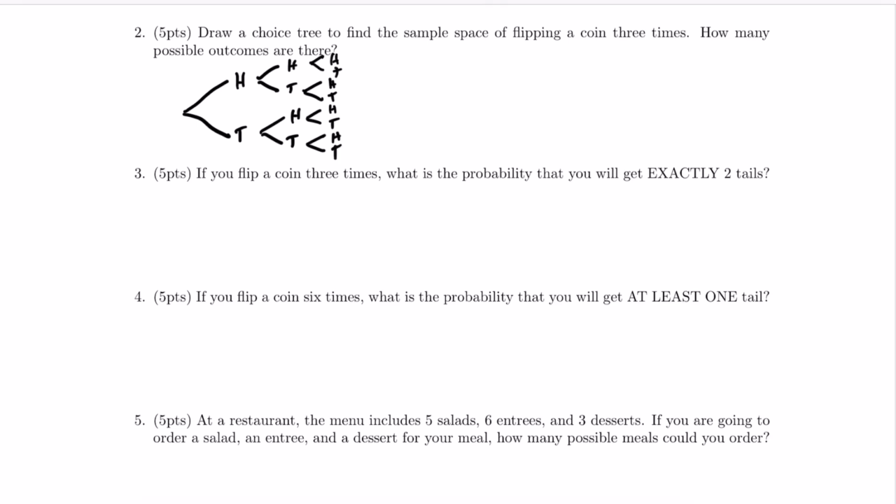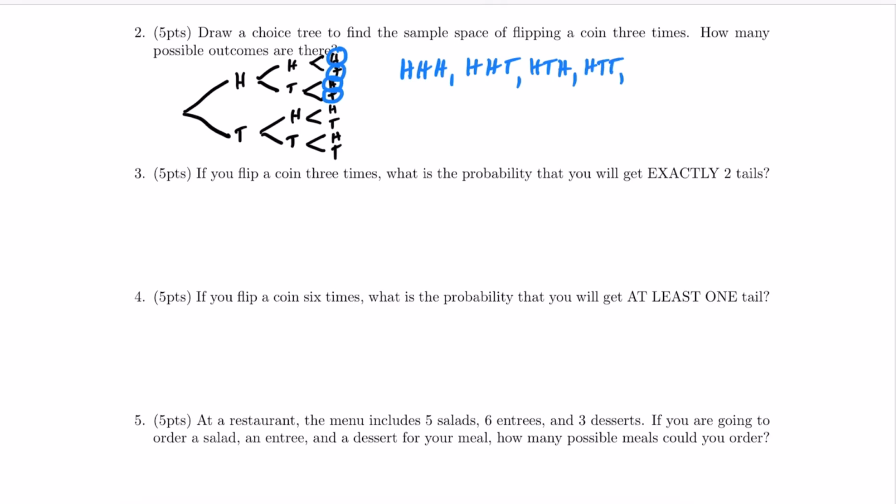Remember, this choice tree corresponds to the sample space, the results of each of these branches of the tree. One possible outcome is you can get 3 heads. Another possible outcome is you can get 2 heads and then a tail. Another is a head, a tail, and then a head. Another is a head and 2 tails.